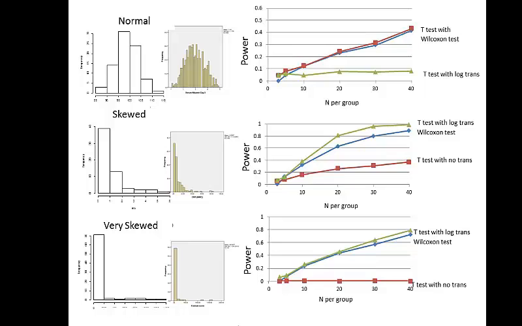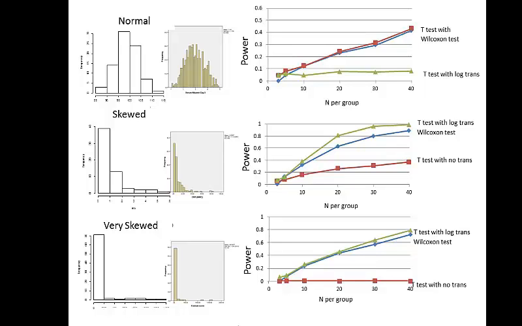Now let's look at the skewed data. Since transformation is useful, it looks like a t-test with log transformation has more power, but the Wilcoxon test is not that bad. But let's look at the t-test without transformation. You grab this data, don't look at the distribution, apply the Student t-test, and your power decreases dramatically. The last one is very skewed data, similar to the Agatston score looking at coronary calcifications.